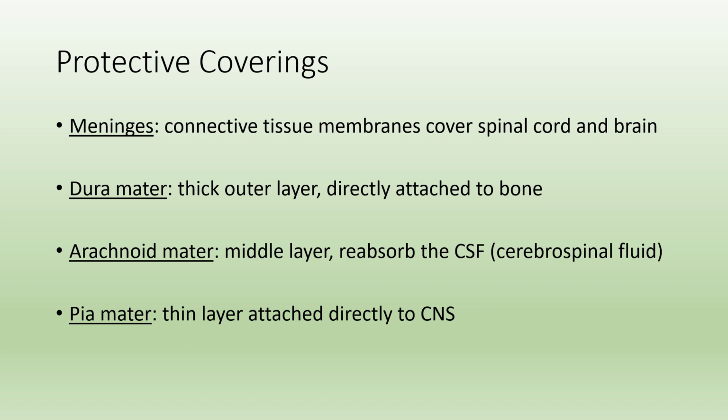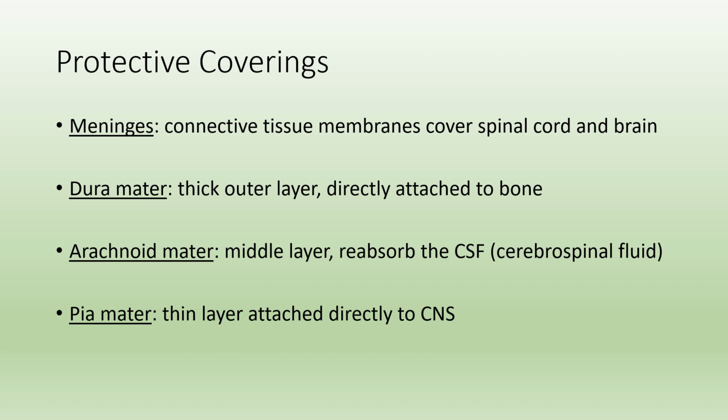Once again, you have the spinal cord and the brain, very fragile, very important tissues, obviously. You want as much protection as you can around it. So there are some connective tissue membranes known as the meninges that do cover both the spinal cord and the brain.